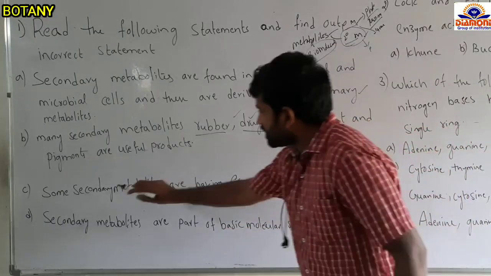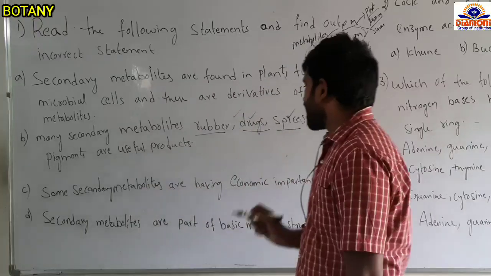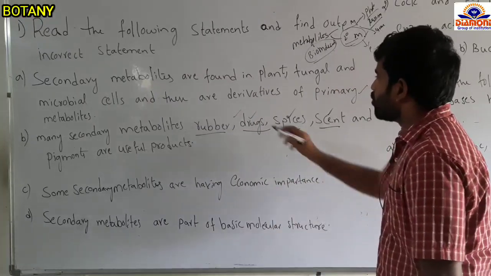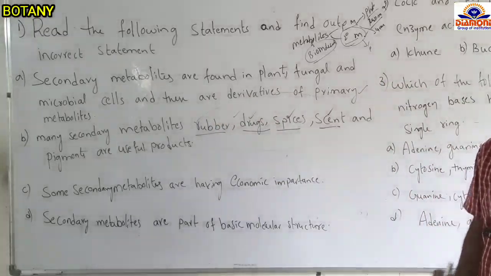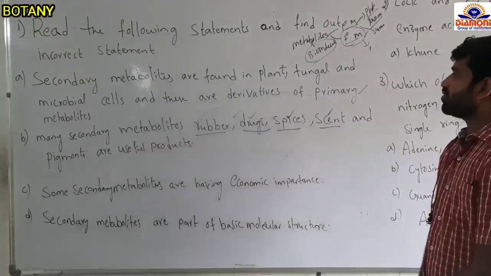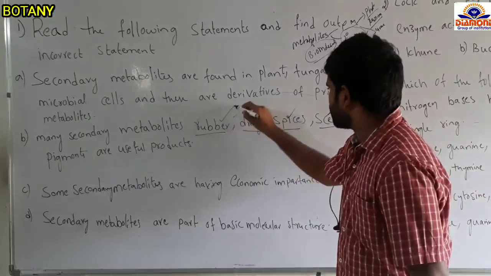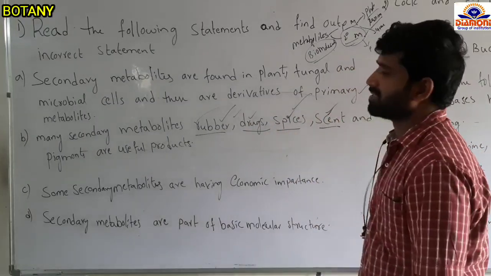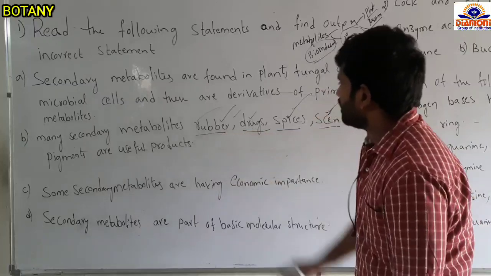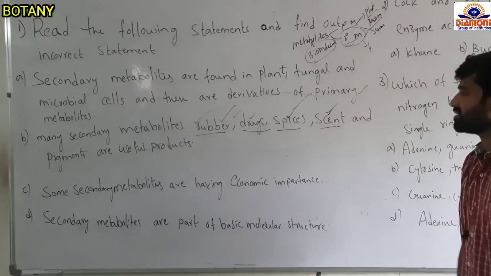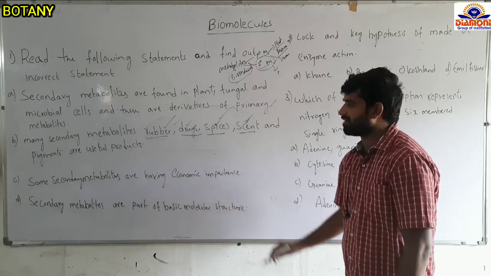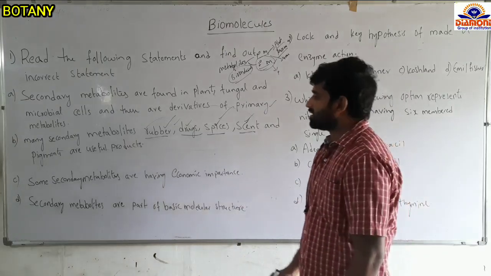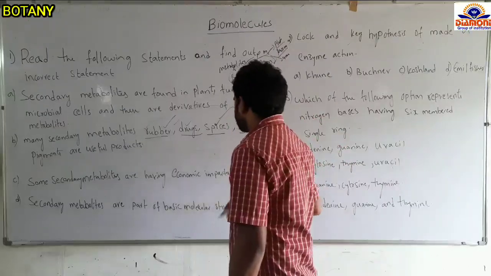And option C, some secondary metabolites have economic importance. Yes, out of these many secondary metabolites, some have economic importance, such as rubbers, spices and scents. We can collect these rubbers, spices, drugs and scents and sell them in the market to get into the economy. So option C is also a correct statement.